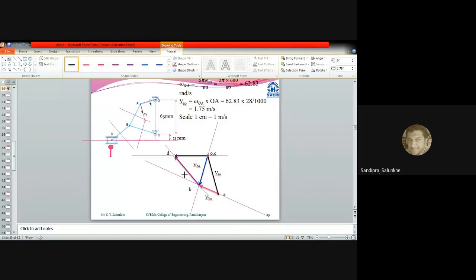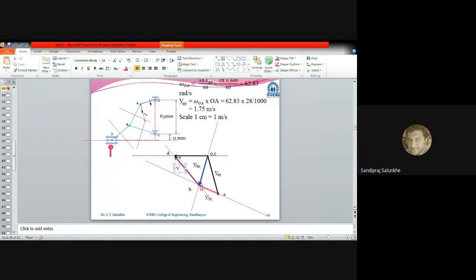So this vector is velocity of point D with respect to B. And this vector is showing velocity of point D with respect to O.